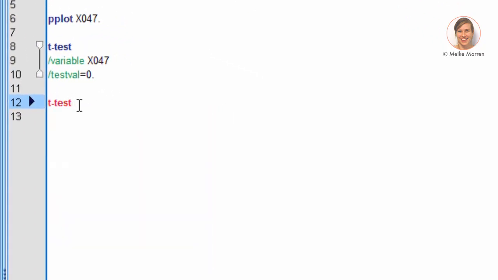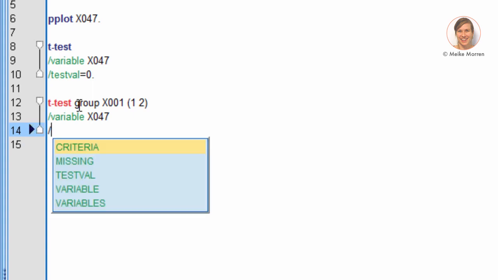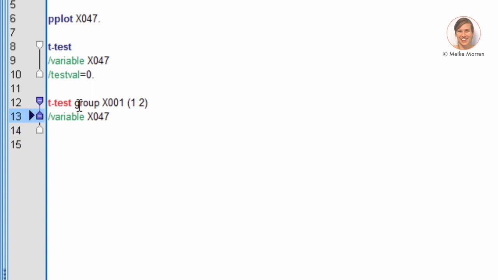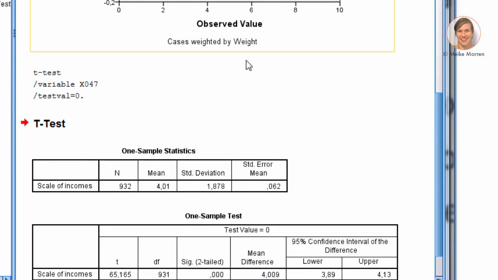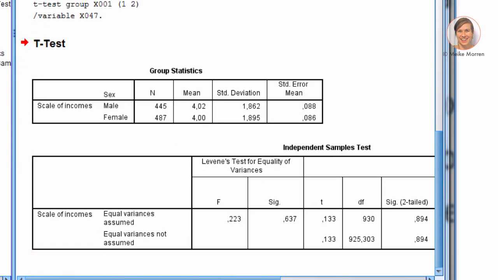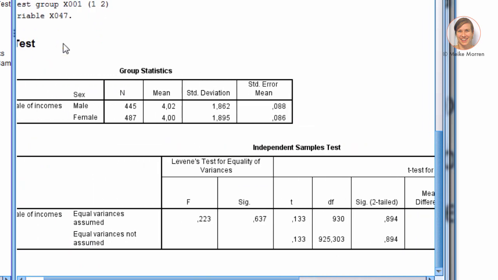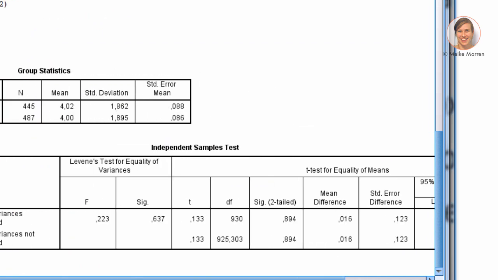Again, we type t-test group, which is the group variable. In my case, I will test whether the income is different between men and women. The variable again is x047, and here we have the tables in the output window.